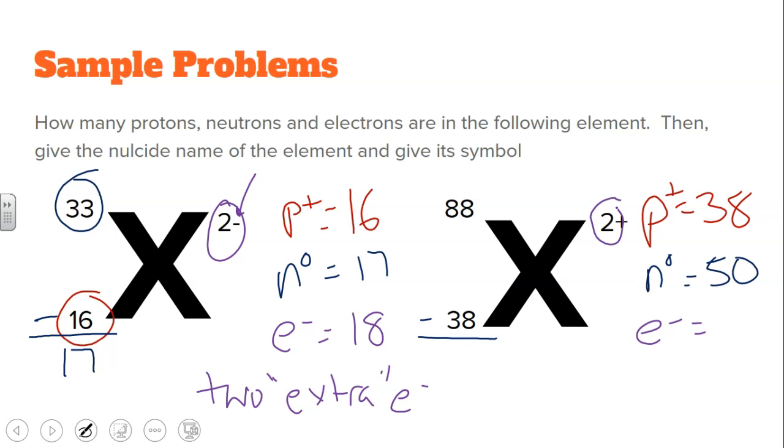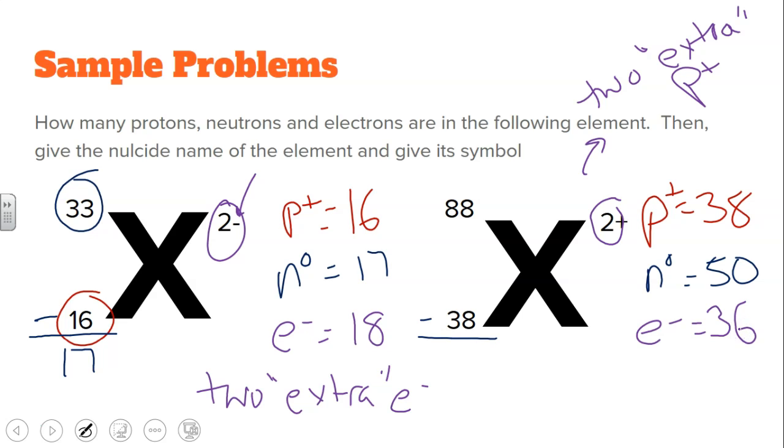So here we know that there are 2 extra protons, and since we can't change the number of protons, there are 2 more protons than there are electrons, so this means that this is 36 electrons.